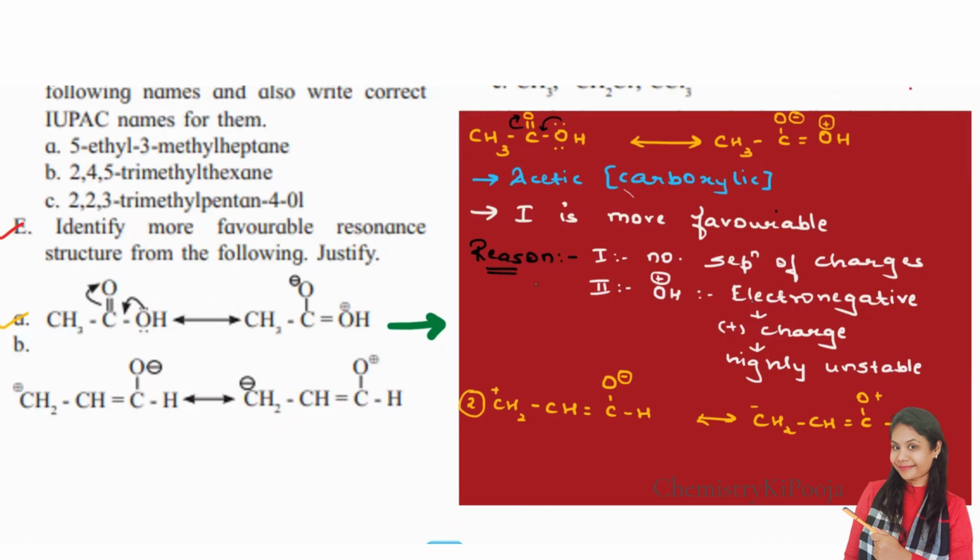Okay. Now talking about B structure, both the structures here have a separation of charges. Okay, I'll write down both the structures.